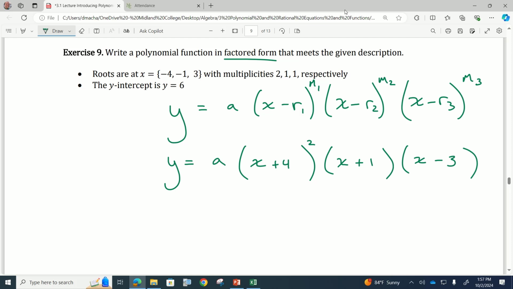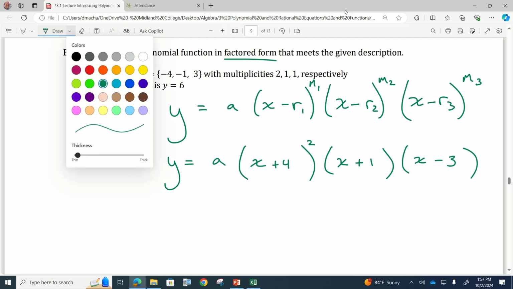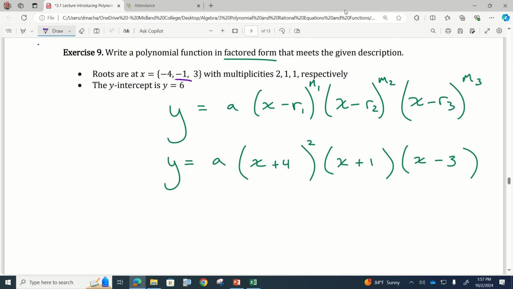Okay, this is almost the correct answer. I just don't know what my leading coefficient is. But we can find my leading coefficient if we use the second clue here. It says the y-intercept is y equals 6.